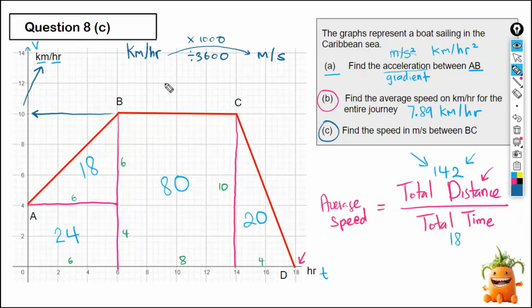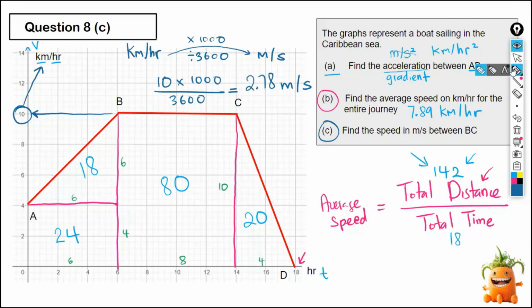So all they want you to do is take the 10, which is in kilometers per hour, multiply by 1,000 and then divide by 3,600. And the answer will be converted to meters per second. That's all you have to do. I get 2.78. Anybody else can confirm that? 2.78 meters per second. That's for part C.